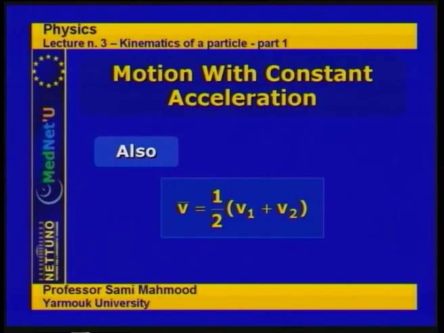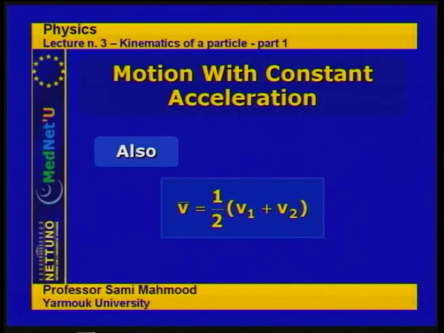But before that, we have to remember that also, if we have a constant acceleration, then the velocity of the particle is changing linearly with time, uniformly with time, which means we can define the average velocity of the particle during the interval of motion as being half of velocity at time 1 plus velocity at time 2.